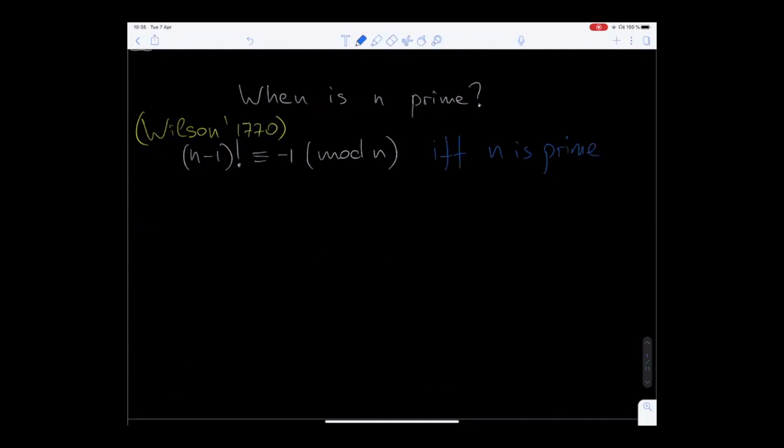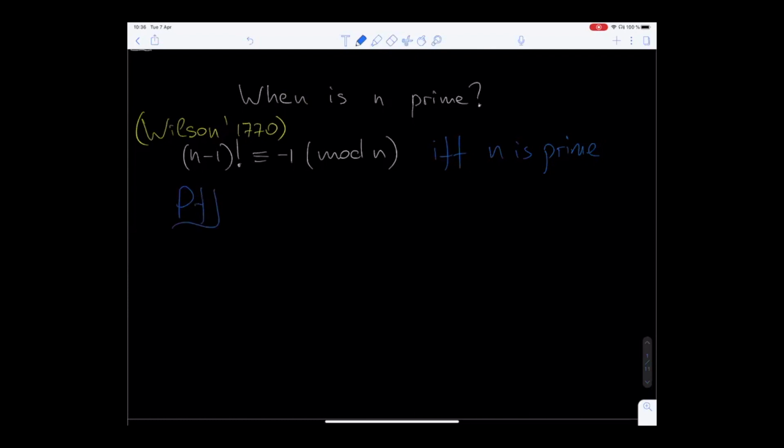To see this, I'll do a couple of warm-up simple statements like that, so that we get used to some notation and some of the things that we'll need later.